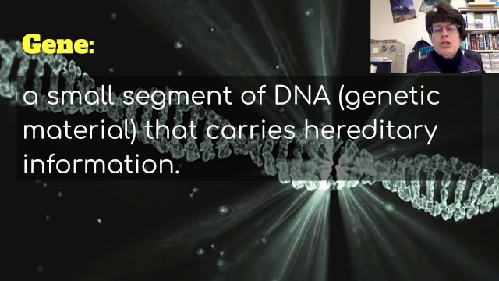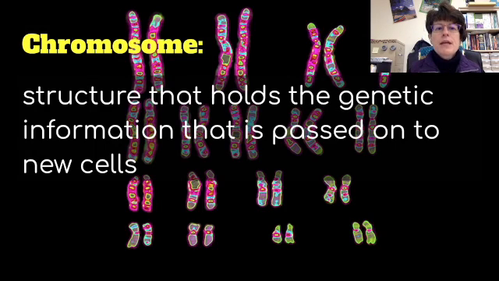Now, a gene is like a chapter in a book. Those chapters form chromosomes. A chromosome is a structure that holds the genetic information that is passed on to new cells. You can see here, these different colors might be different genes on these chromosomes. Those genes are on the chromosome.